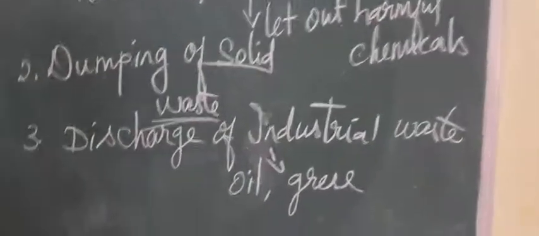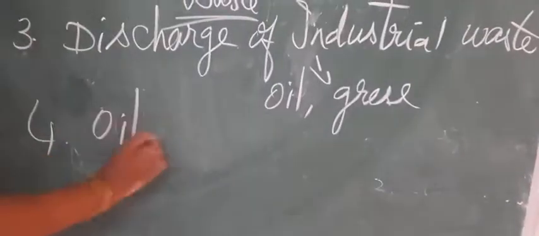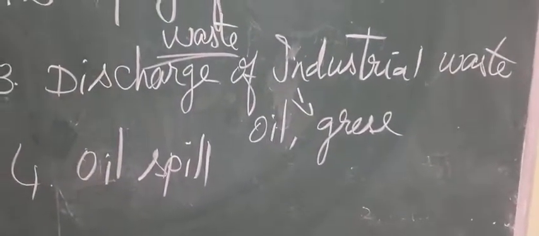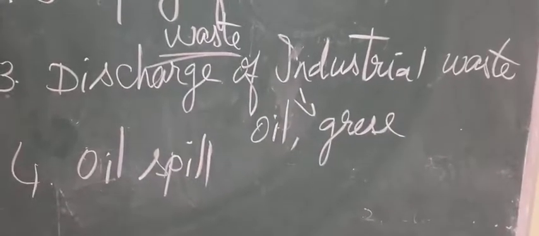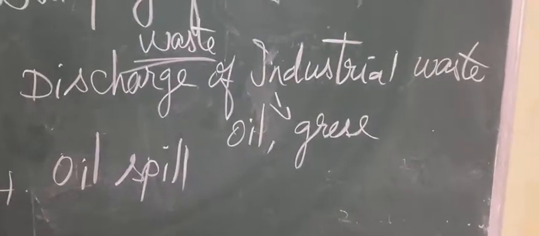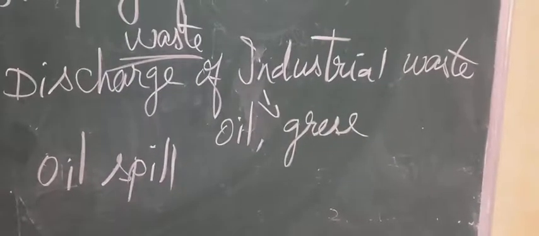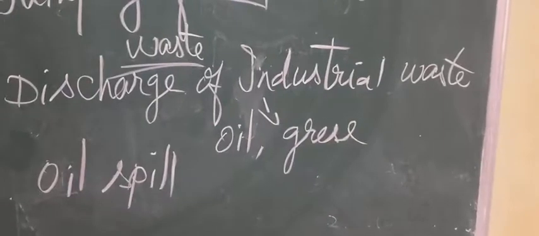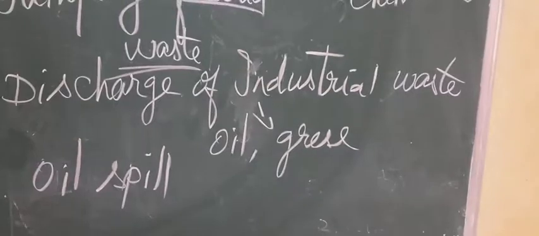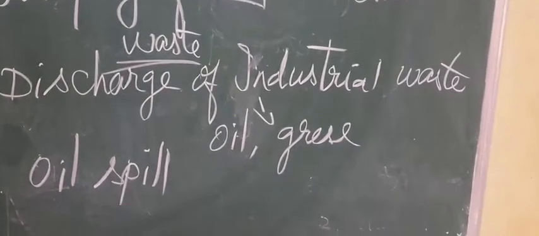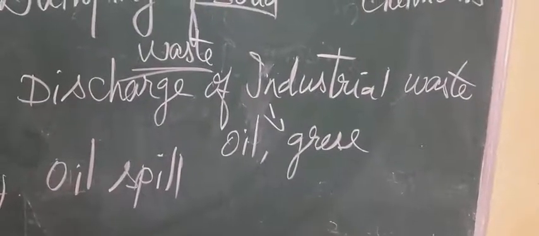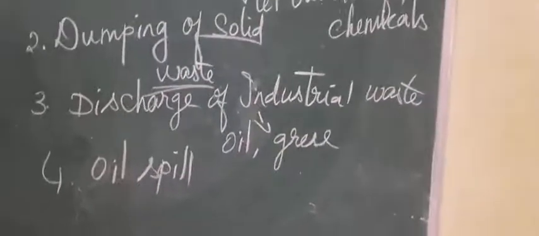And the oil spill: if the tankers or ships are wrecked and the oil spills, the seawater gets polluted. While the ship is carrying petroleum products, if it gets a leakage, what would happen? The oil will mingle in the sea water. It never mixes, it always floats on the sea water.